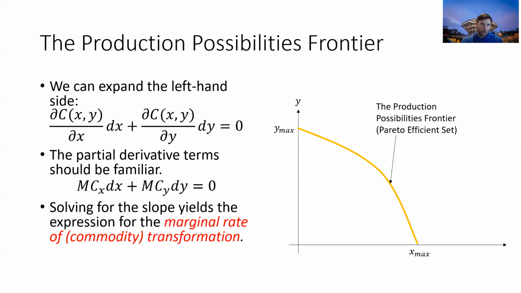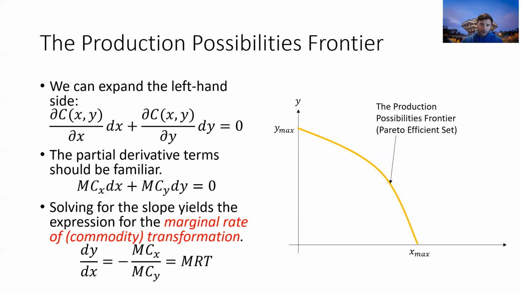This is a fancier word for the slope of the PPF. This is sometimes called the marginal rate of transformation or the marginal rate of commodity transformation. I'm going to just refer to it here as the MRT. But the MRT is the negative ratio of the marginal cost of production.